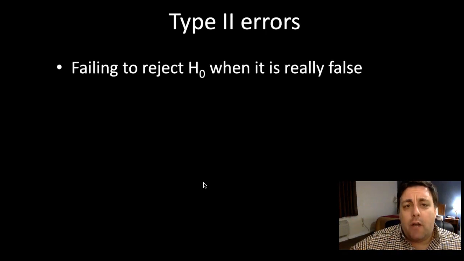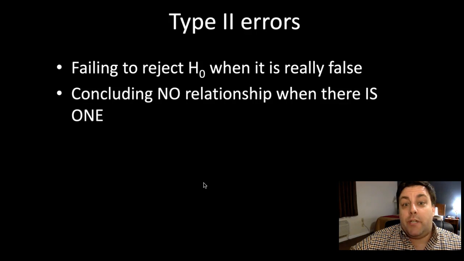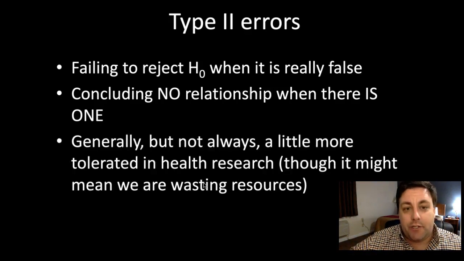A type 2 error, on the other hand, is failing to reject the null hypothesis when it's really false. That's essentially concluding that there is no relationship when there is actually a relationship.